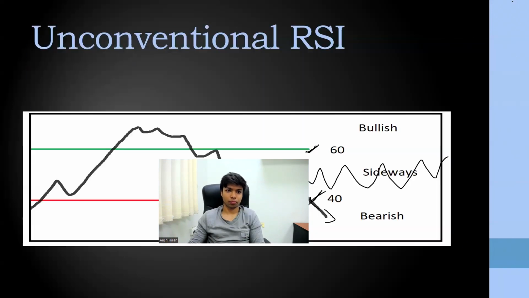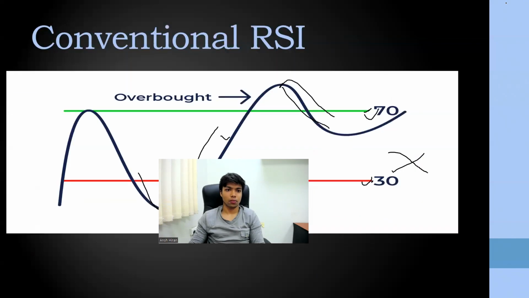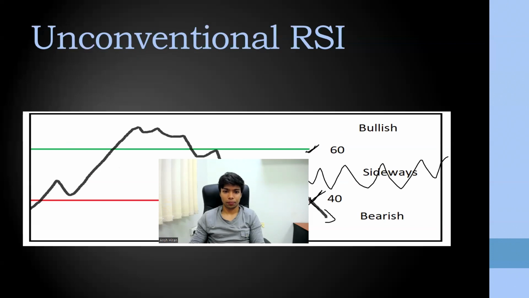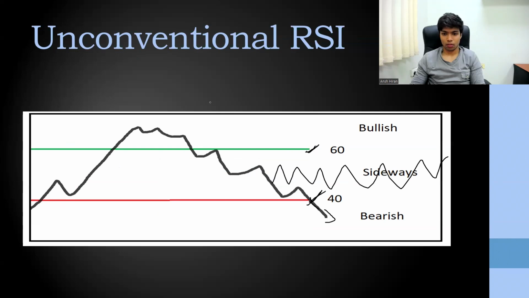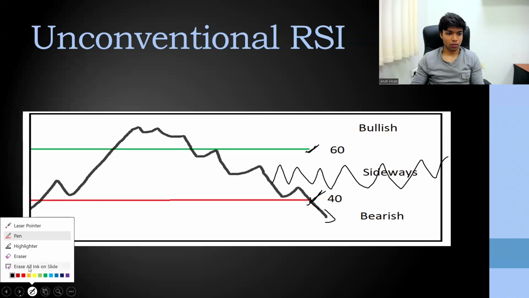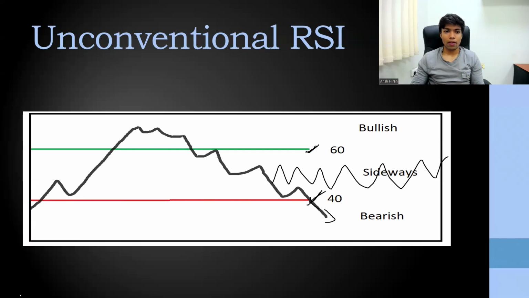What do I mean by that? See, this 60 level and 40 level will also act as resistance. So if you are unable to buy at the breakout of the RSI, when the RSI goes up and you missed it, you can also buy when RSI takes support on 60.